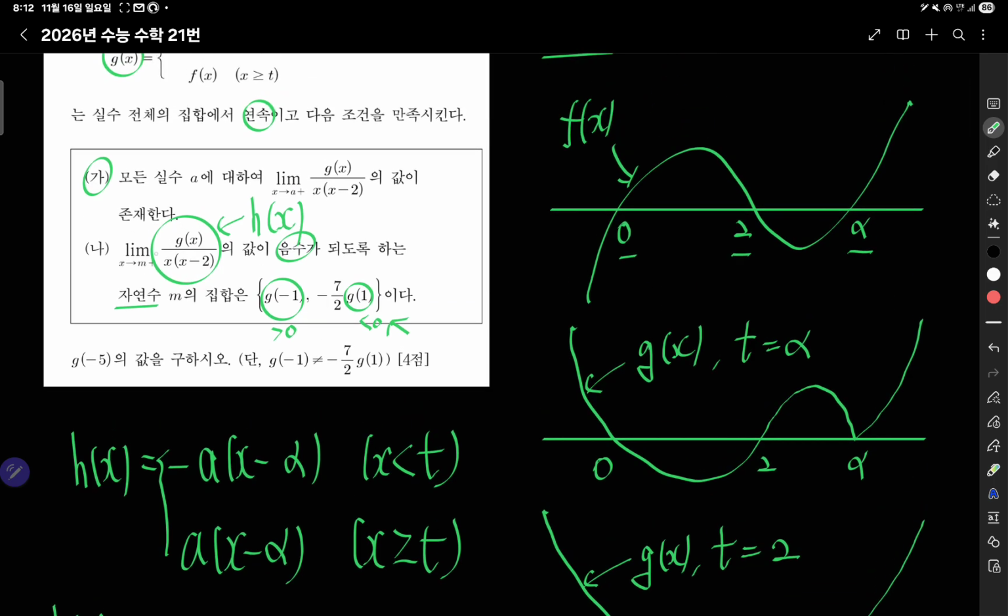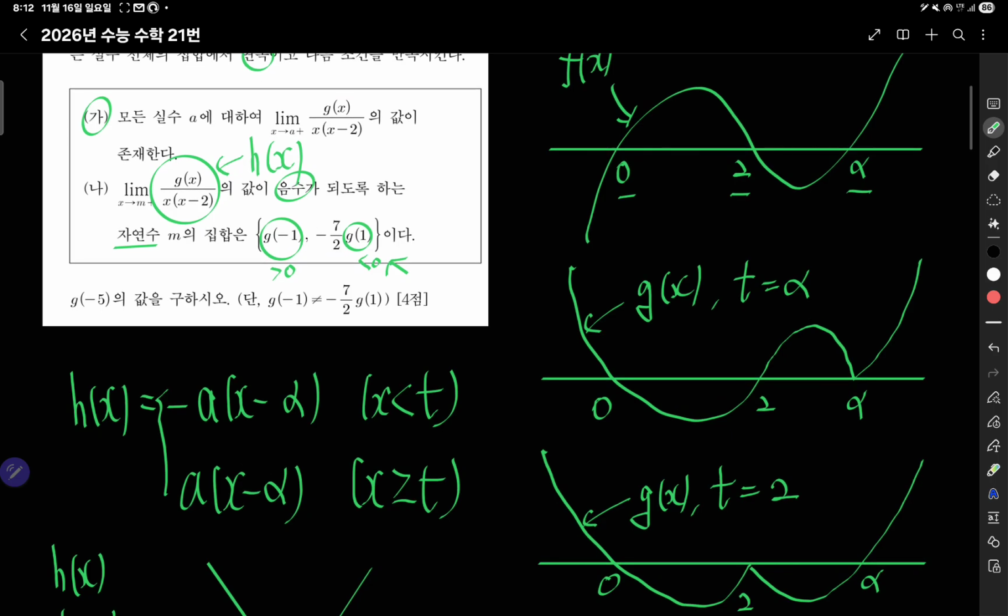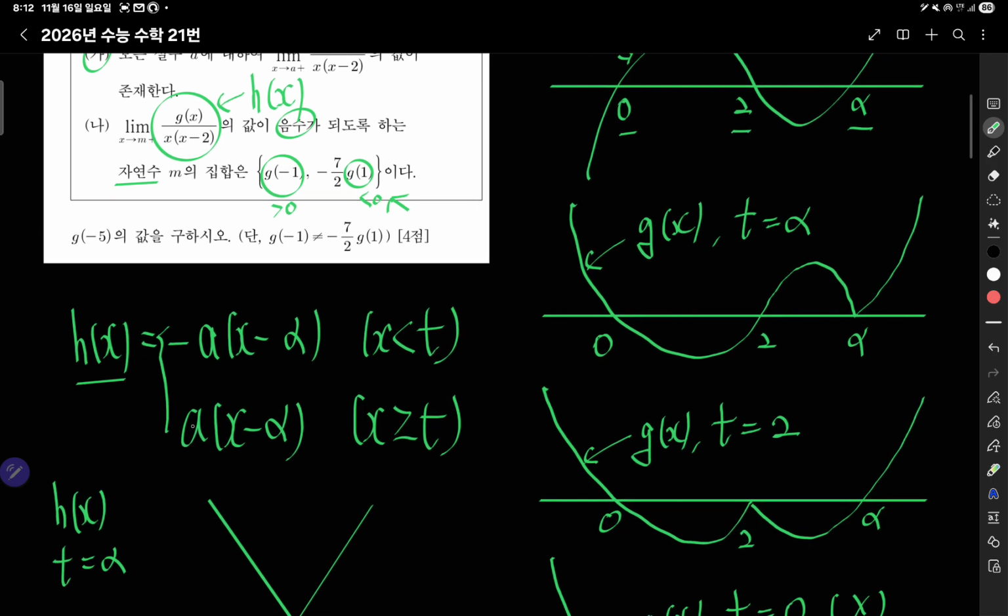And let's say g of x over x times x minus 2 is the function h of x. So when we think of h of x, it also consists of two parts. After factoring x and x minus 2 out, when x is less than t, h of x will be minus a times x minus alpha. And when x is greater than or equal to t, h of x will be just a times x minus alpha.